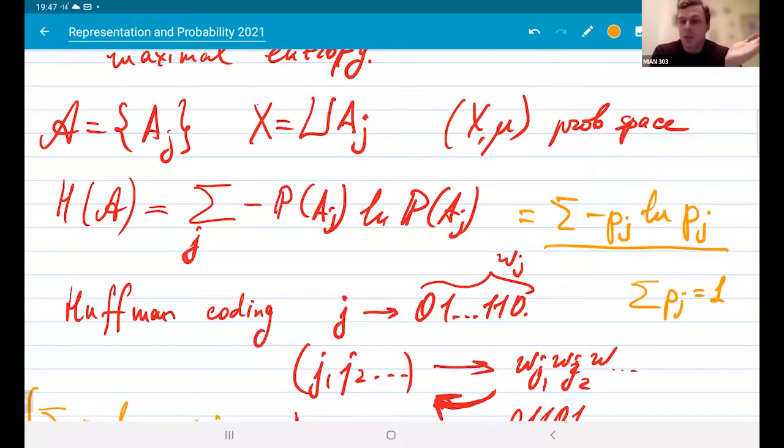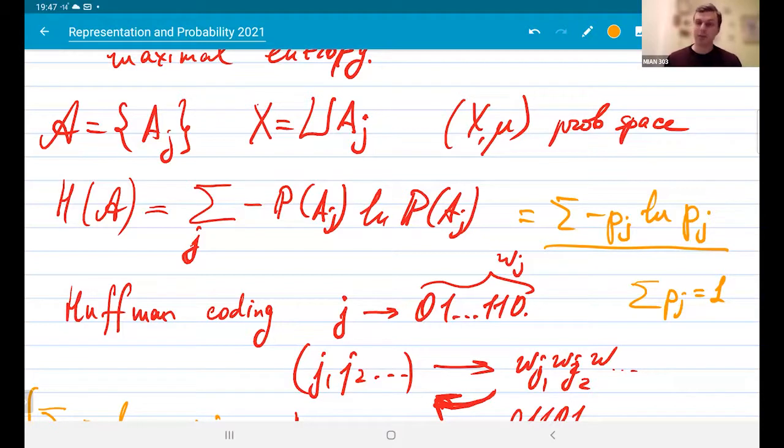This is not too much information, because in most cases you just say it belongs to this large set, and okay, this happens 99% of the time, so why not? And of course, if you landed in this very small set, then this is quite important information, because this is a rare event.